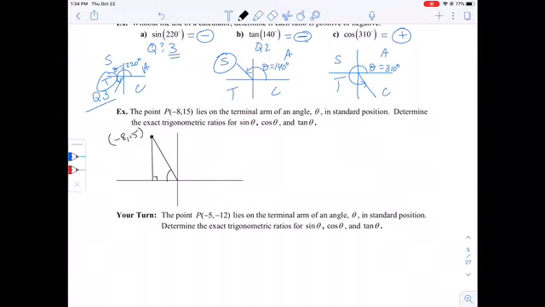So the opposite side here would be the 15, because we're moving 8 to the left, and 15 up to get to that point P, -8, 15. Now, if I want the sine ratio, I'm going to have to determine the hypotenuse of my triangle. So my hypotenuse would be the square root of 15 squared plus 8 squared.